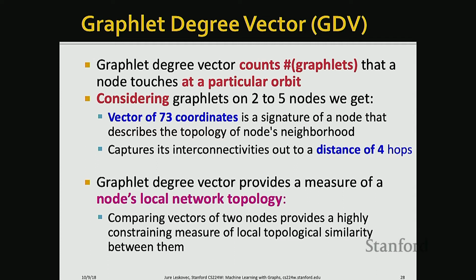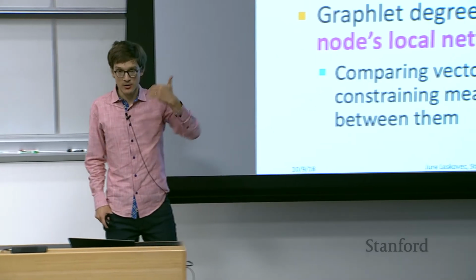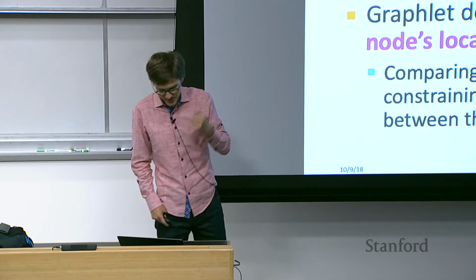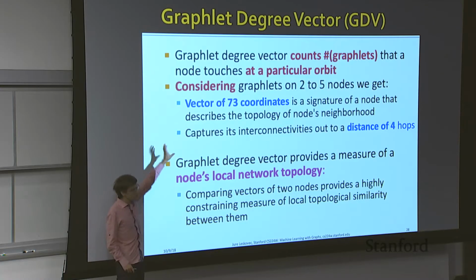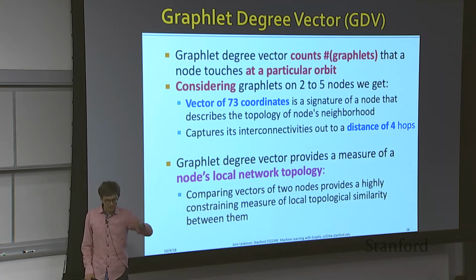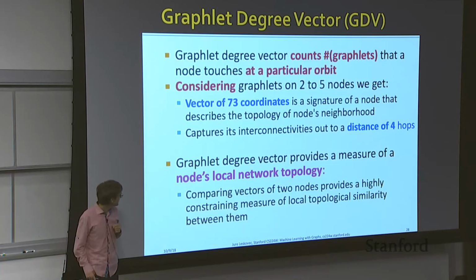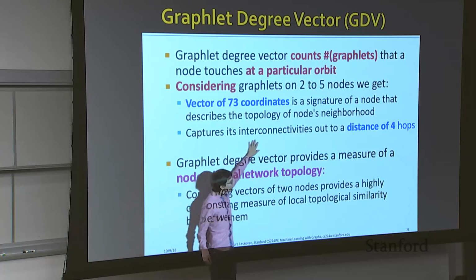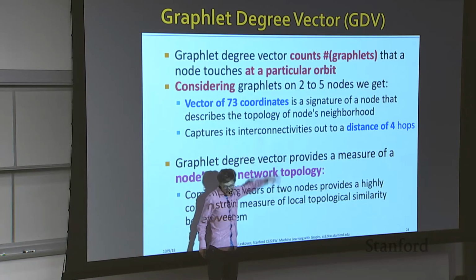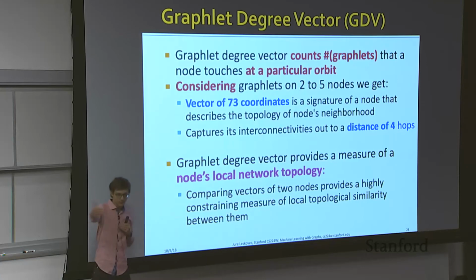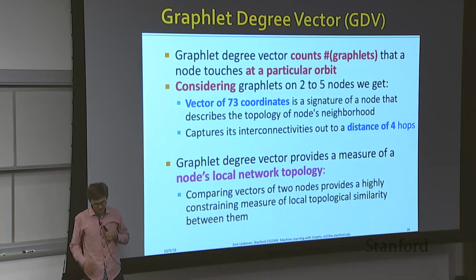And generally what people consider is these graphlets of size 2 to 5 nodes, which means that every node gets described with 73 coordinates, or with a vector of 73 numbers, and this is a signature that essentially tells me in what graphlet at what orbit a given node participates. And this means that we are essentially describing the structure of the network around the node up to 4 hops away. Okay?